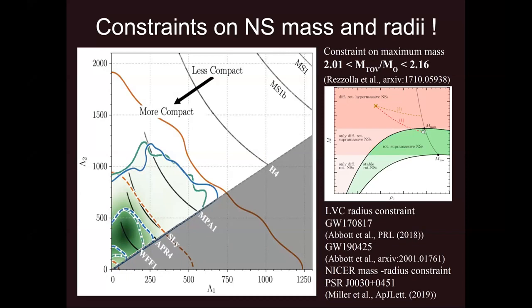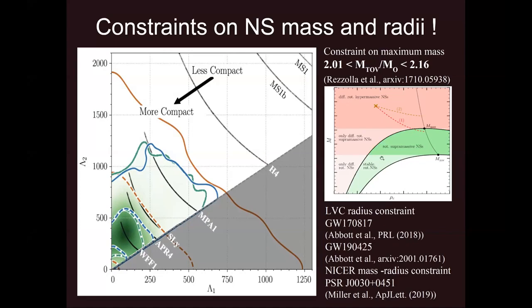And from the fact that a kilonova was observed after the binary neutron star merger, it could not have collapsed immediately to a black hole.